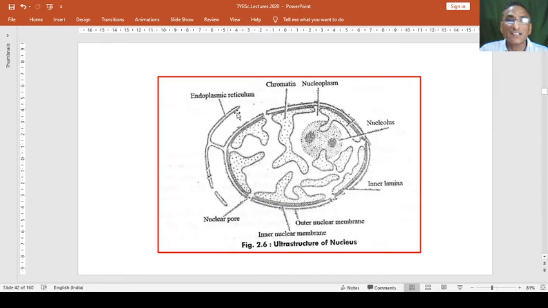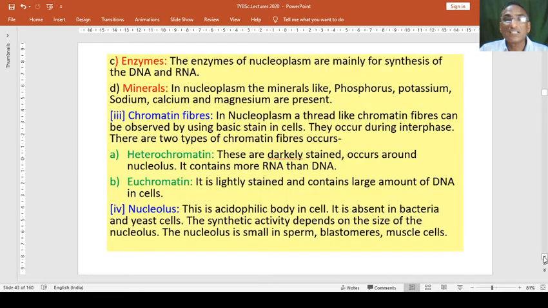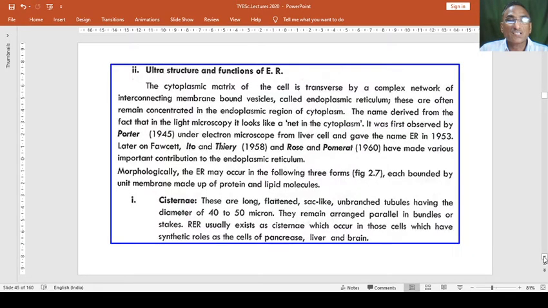Here is the nuclear membrane having a fold, and these folds are nothing but the endoplasmic reticulum. There might be another fold, then a third, fourth fold. So in this way there are so many folds, endoplasmic reticulum by fold communicating to the cell membrane. These are the endoplasmic reticulum materials. These are of two types, rough and smooth. We will see in detail.